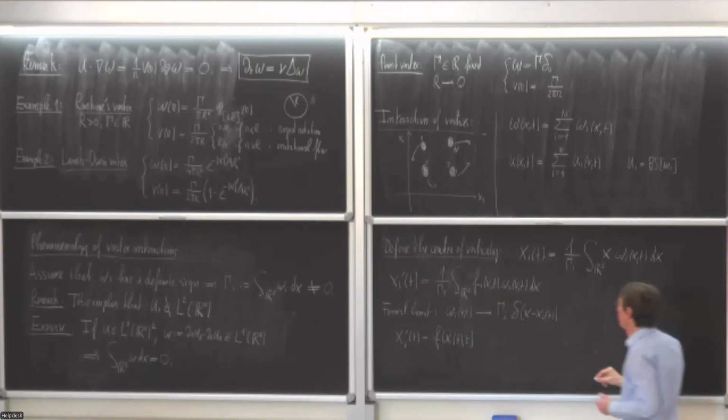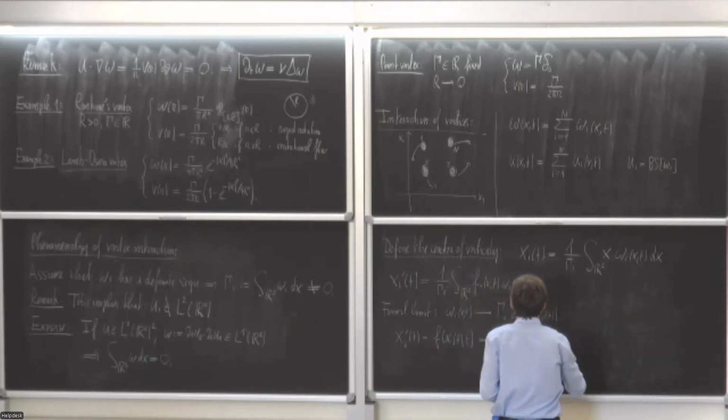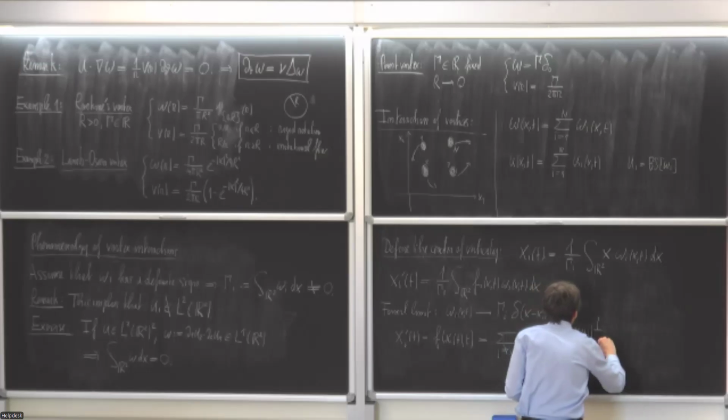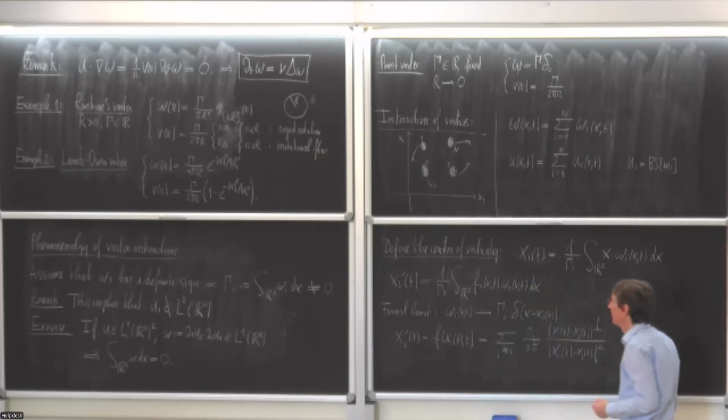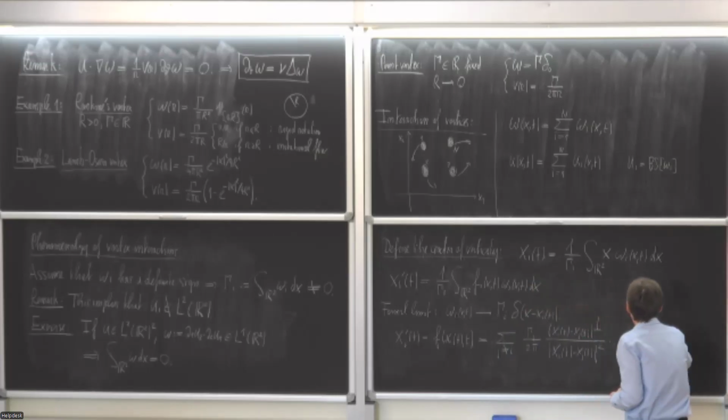So this gives you the sum over j different from i, the same sum as here, of gamma j over 2 pi, times (xi(t) minus xj(t)) perpendicular over |xi(t) minus xj(t)| squared. And this is a system of ODEs for the positions of these point vortices, and this is called the point vortex system.